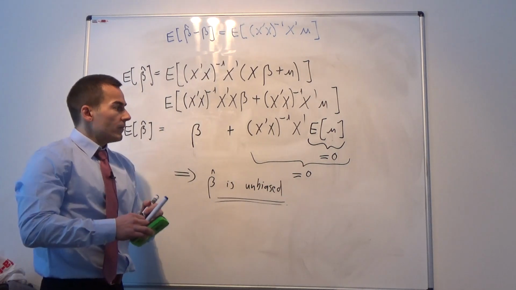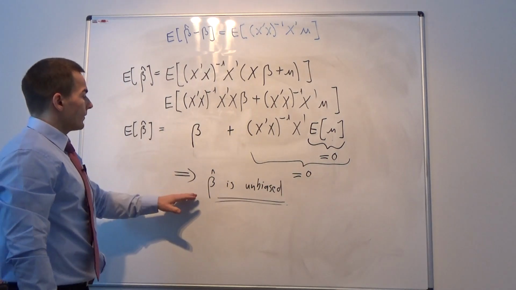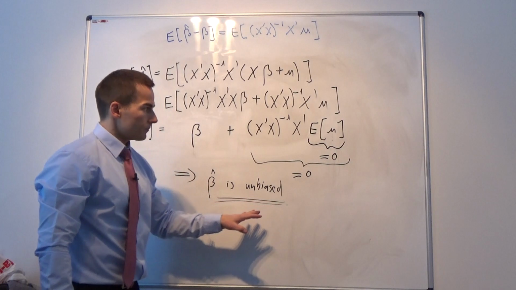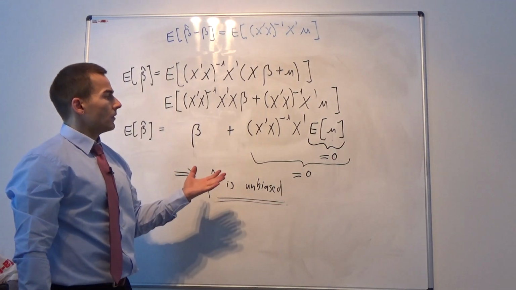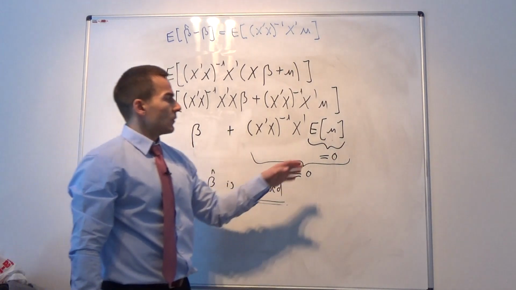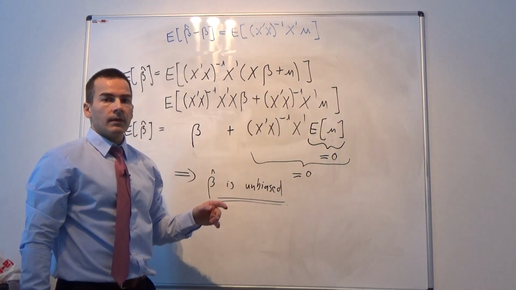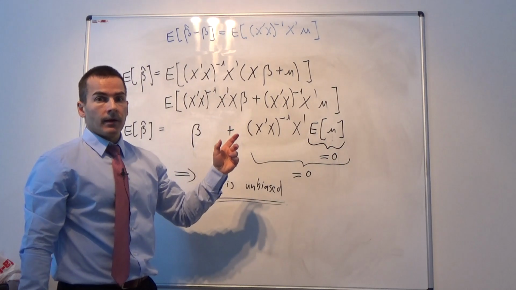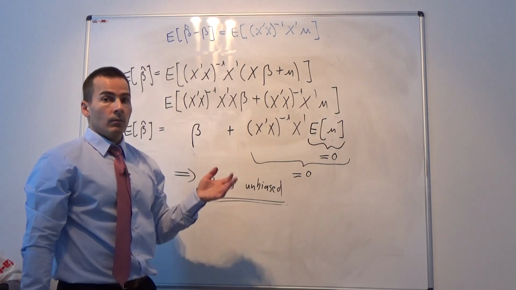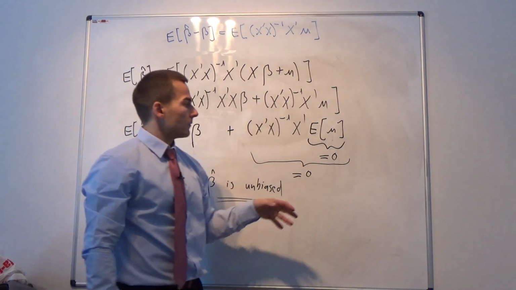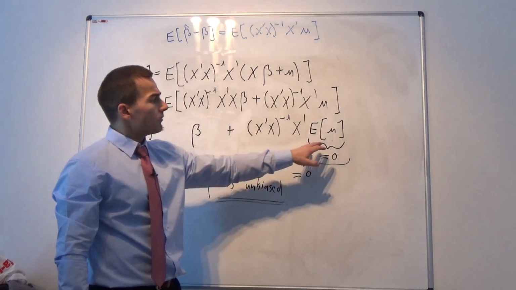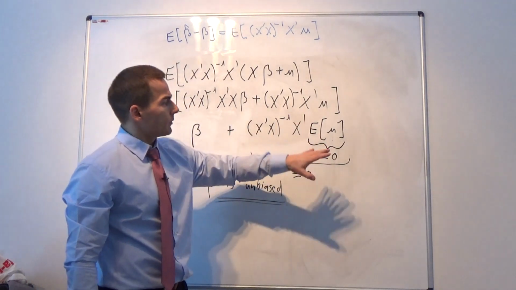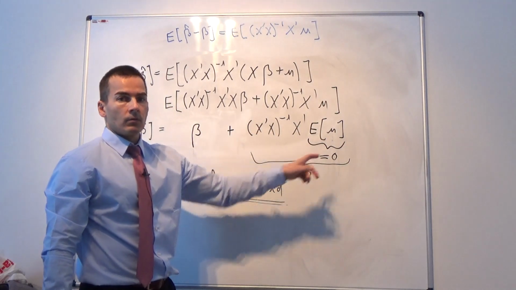Obviously, for beta hat to be unbiased, the only thing we have to account for is that we don't have any systematic errors in measuring y, as we discussed when we covered our assumptions. So we only have to ensure that the expectation of u is 0.